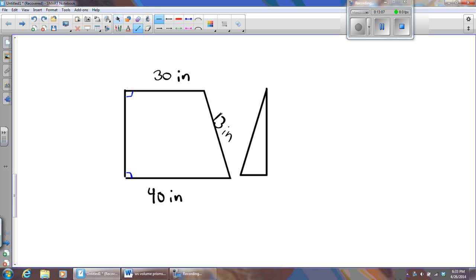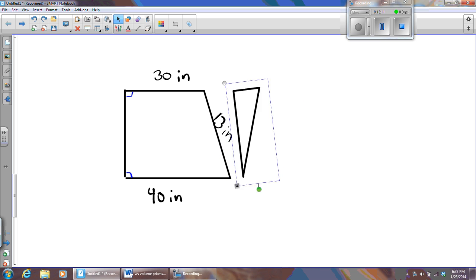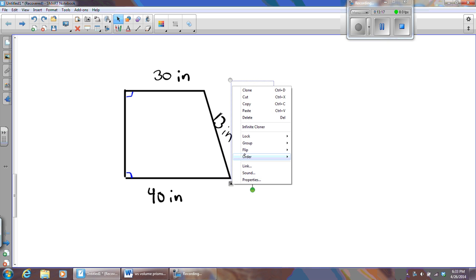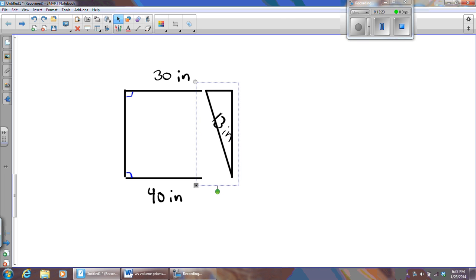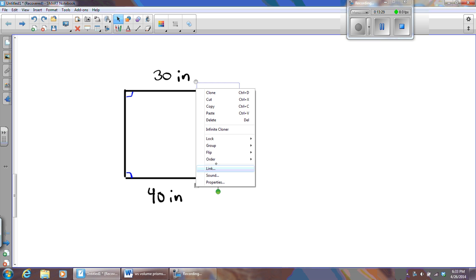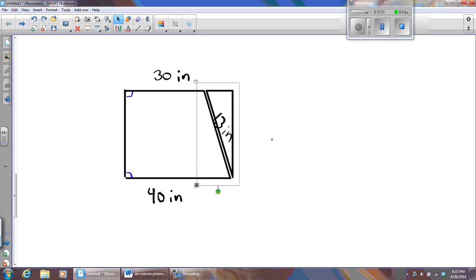Now, if I rotate this 180 degrees, and then I reflect it left to right like that, boom, look at that. Let me send it to the back here. There we go. And there it is. I have a rectangle in disguise.